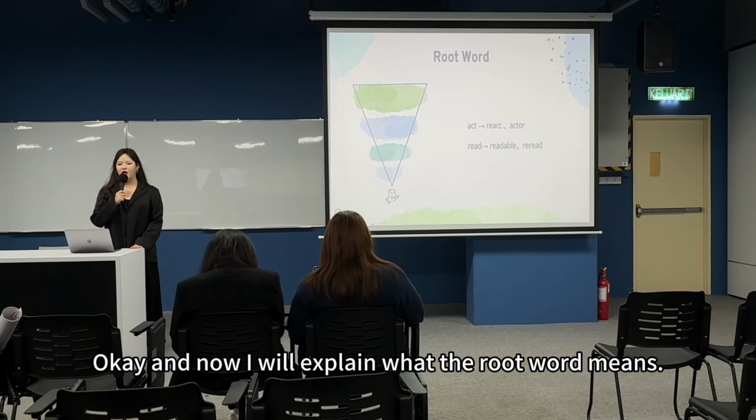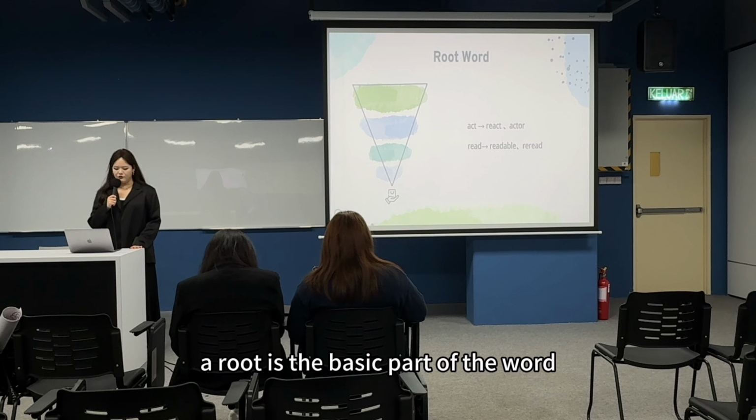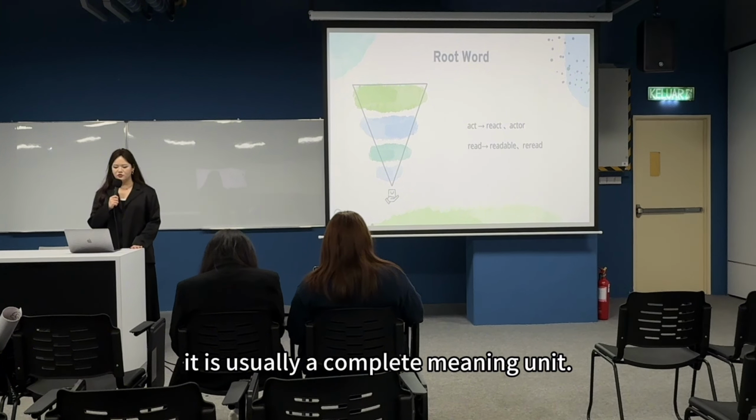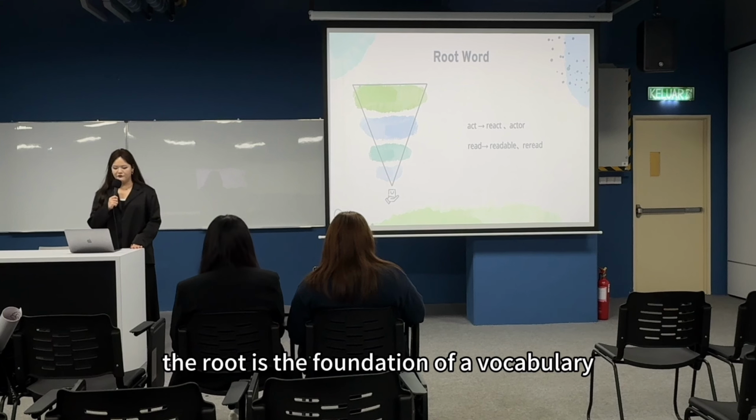Okay, and now I will explain what the root word means. A root is the basic part of the word, carrying the main meaning of the word. It is usually a complete meaning unit. The root is the foundation of vocabulary.